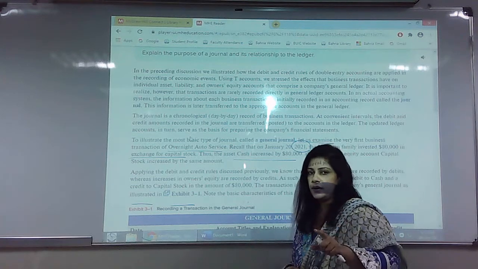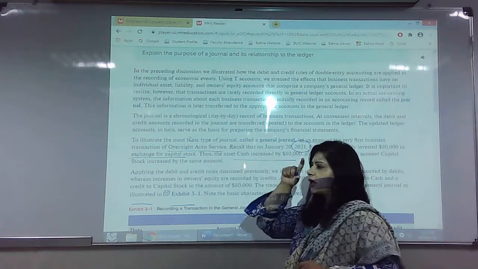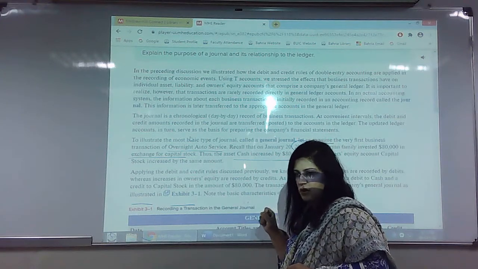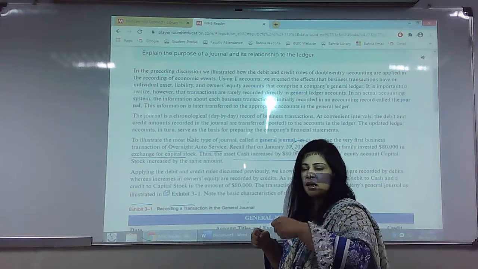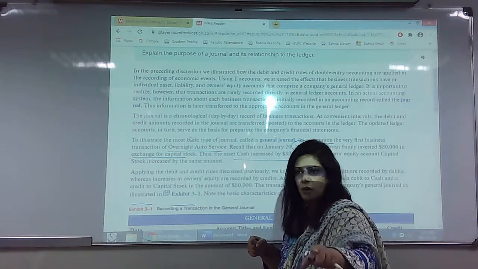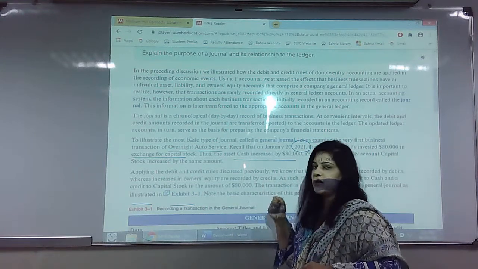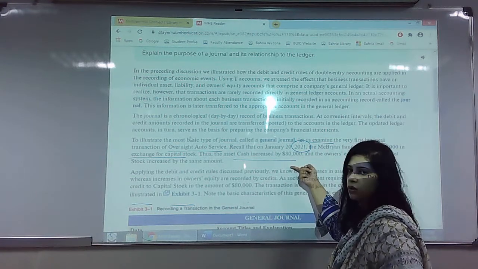If you are the buyer, your cash is going out. But from the company's point of view, the cash is coming in. Understand? Because the company wants funds from you, and you are giving out the cash. So from your perspective, the cash is going out, but the company is receiving the cash, so the asset is increasing by $80,000.